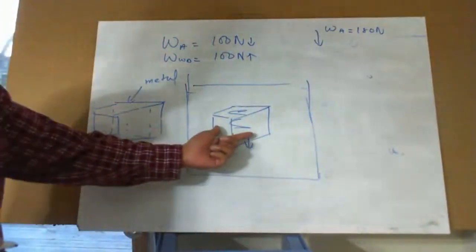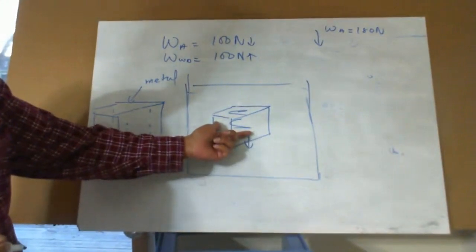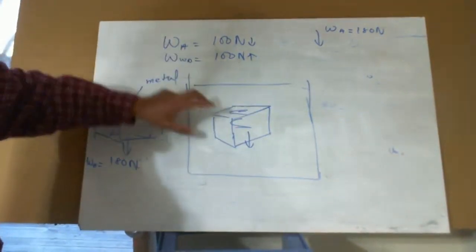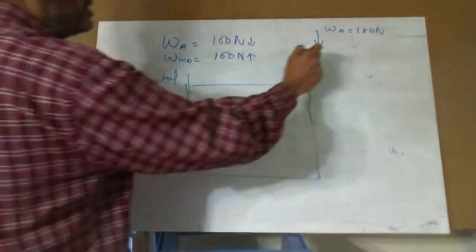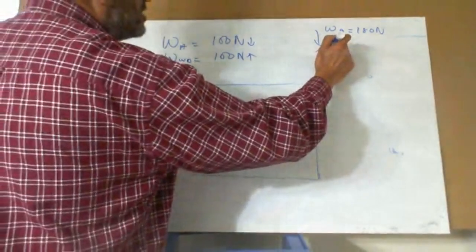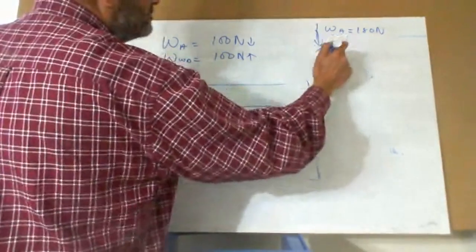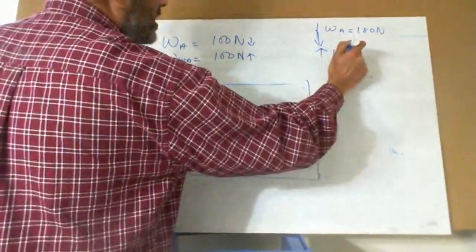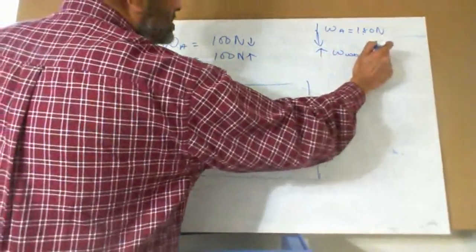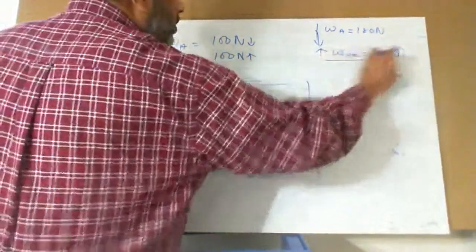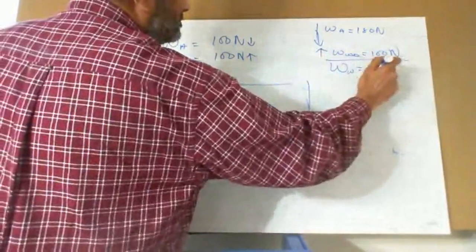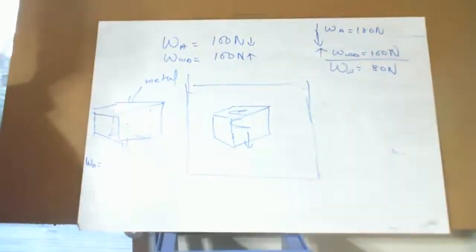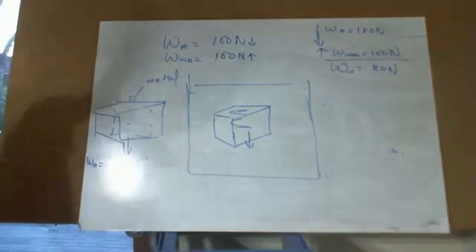But the amount of water that has been pushed aside was the same amount of water that you removed, right? What was the weight of the water? The weight of the water displaced is 100 newtons. So what is its weight in water? Its weight in water is 80 newtons, right?